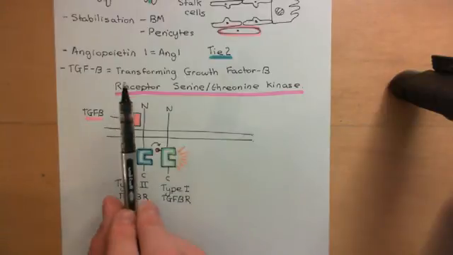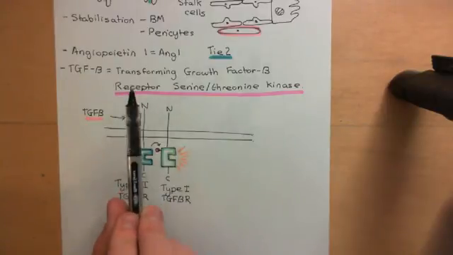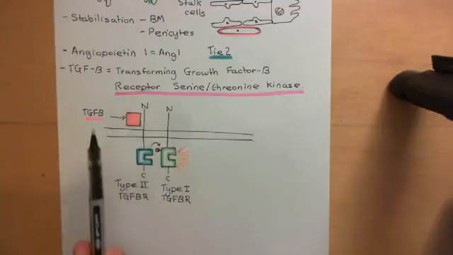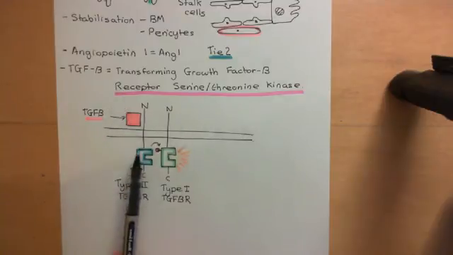So basically, the type 2 transforming growth factor beta receptor only binds this ligand. Its serine threonine kinase domain is already active.